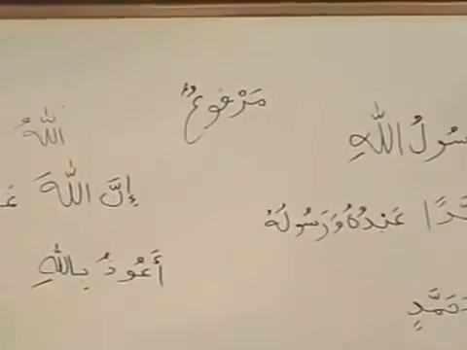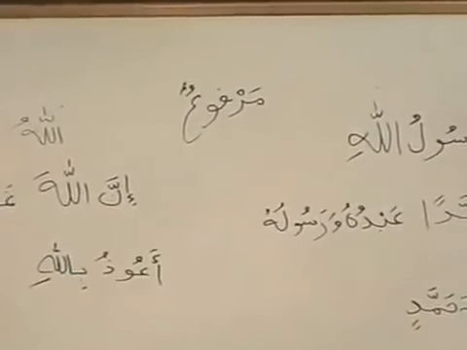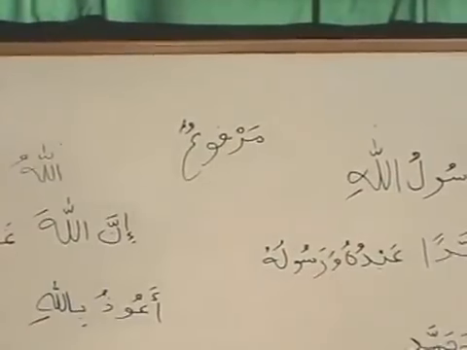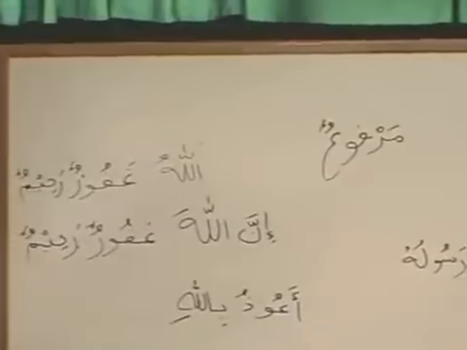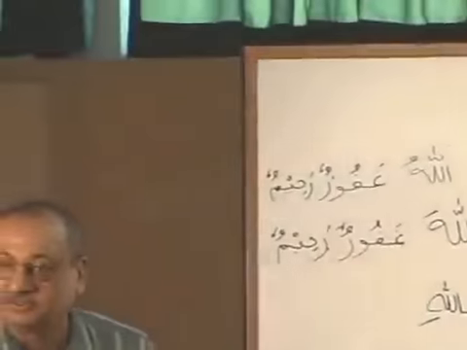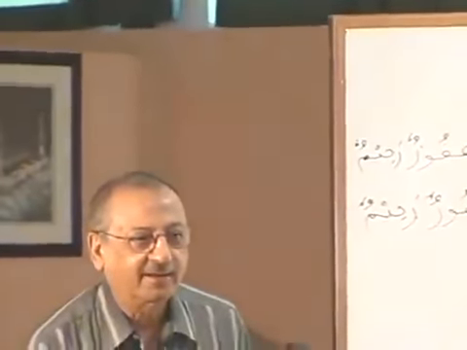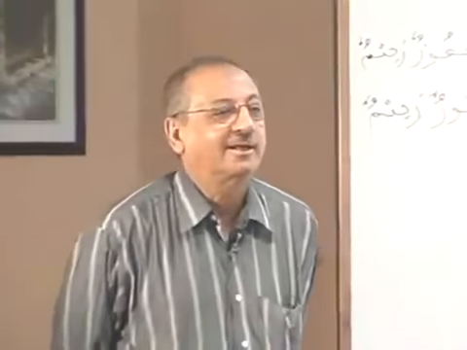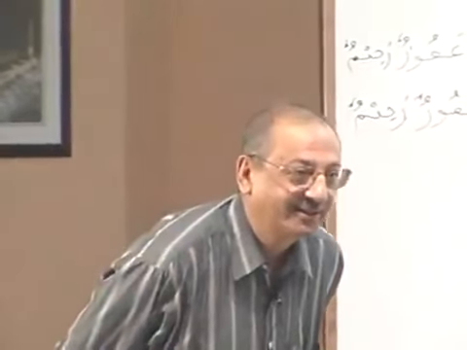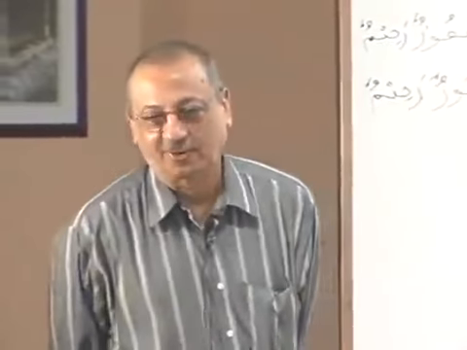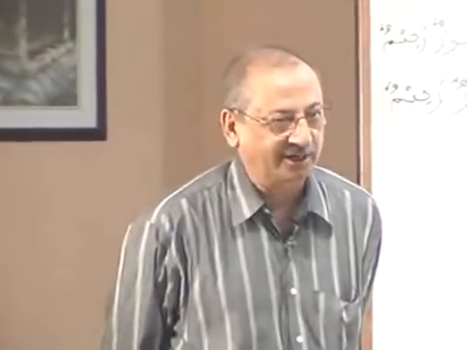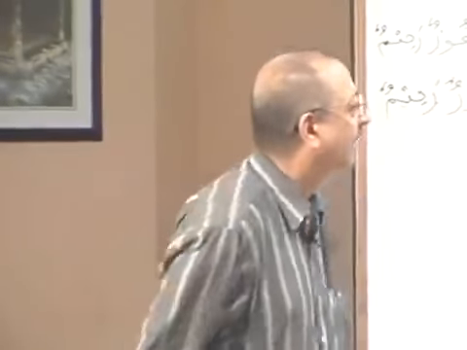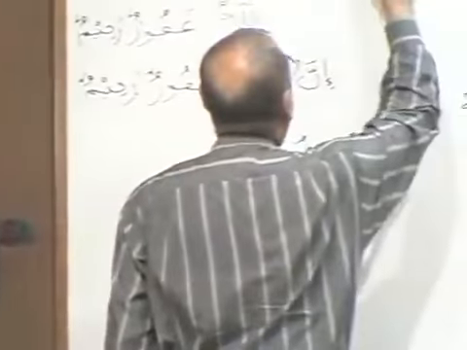Marfu. Are you with me, brothers and sisters? If the noun ends with a dhamma, you will call it marfu. You will say the noun is marfu. Okay? What do you call it in English? You will call that it is in nominative case. Brother, if you are comfortable, we will use some English terms, but later on you will be most comfortable with Arabic terms. Marfu is nominative case.